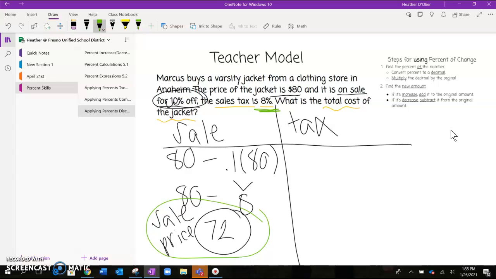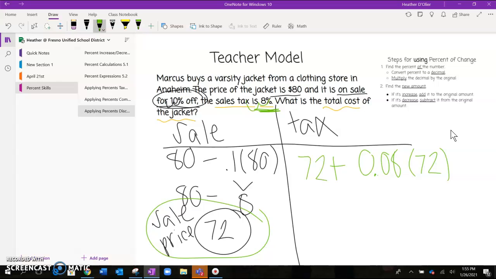That 8%, I move it once, twice. 0.08. I'm not multiplying it by 80. I'm multiplying by the sale price, $72. And then taxes, boo, they add it to our price.